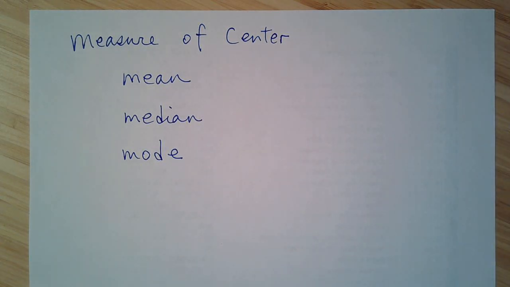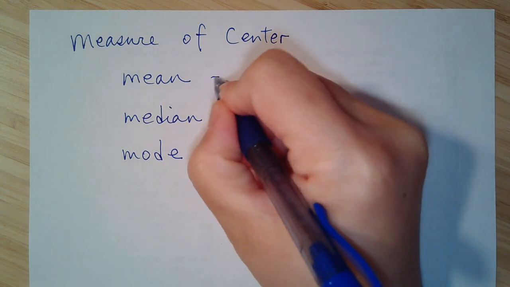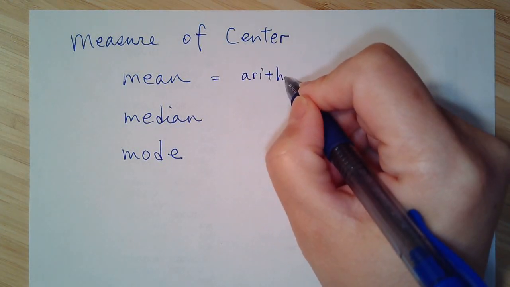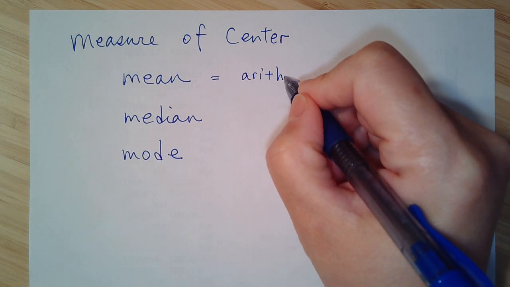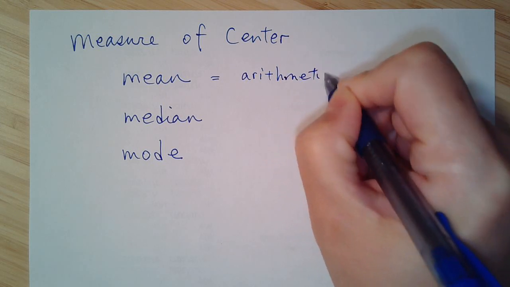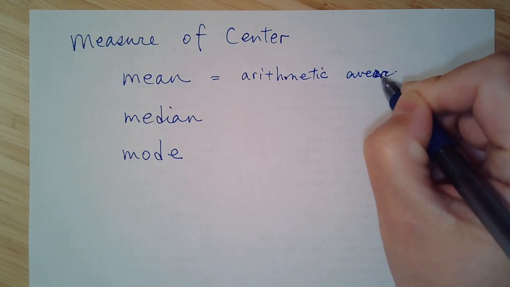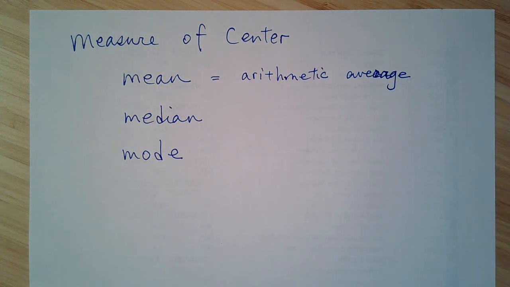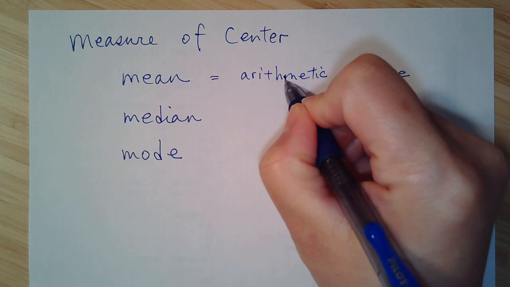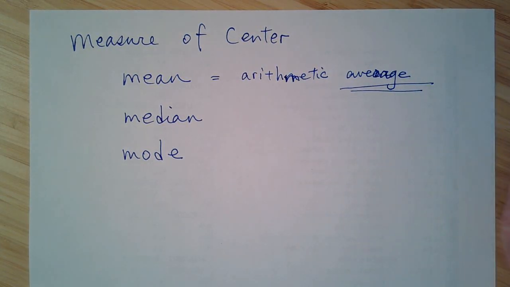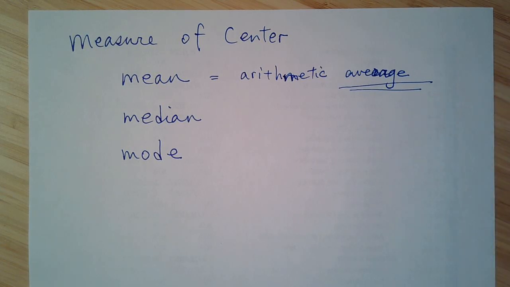Now, what is the definition of a mean? Mean is the arithmetic average. What does that mean? That's very easy. You add all the numbers up and then divide by the number of numbers. You might refer to that as average, but that's not the word we use in statistics class.